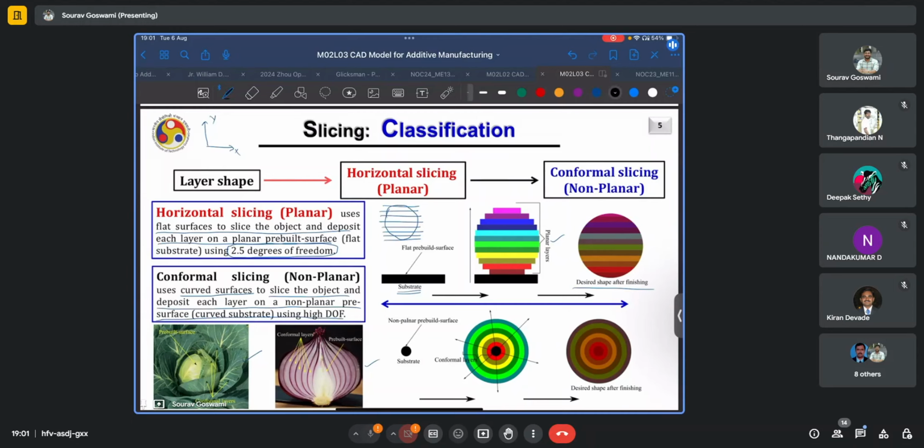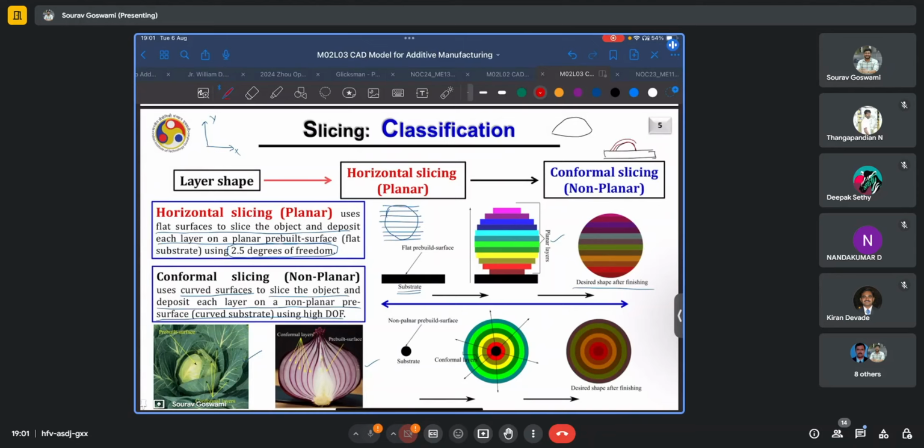So an example can be when you are trying to deposit, say, a hemispherical dome. Instead of starting with just a flat substrate or build plate, which will require lots of support, we can actually have a hemispherical core on top of this, and then we can start depositing on it layer by layer.